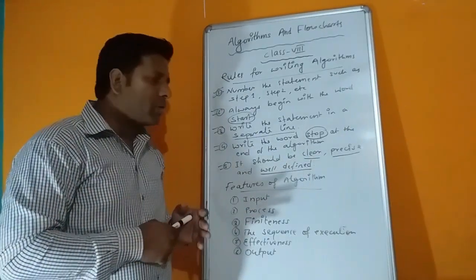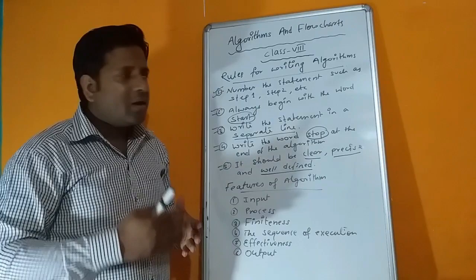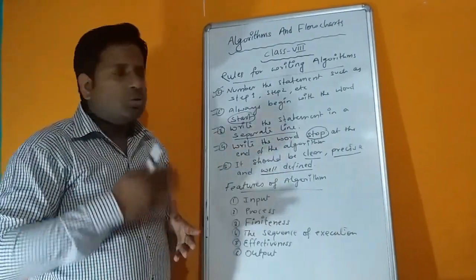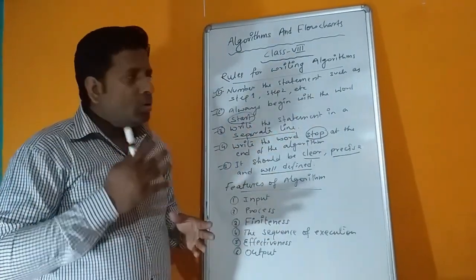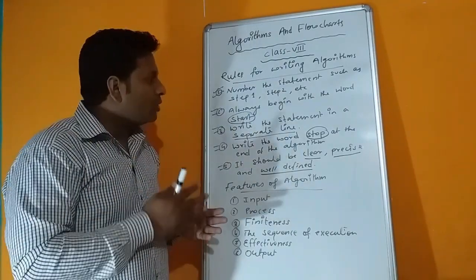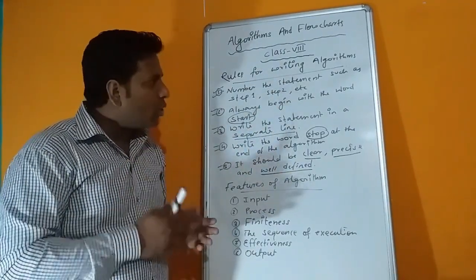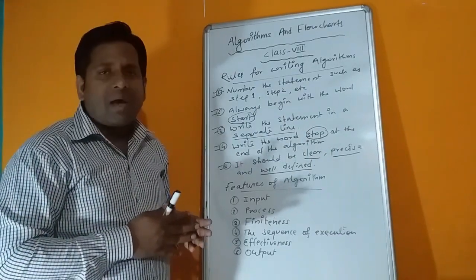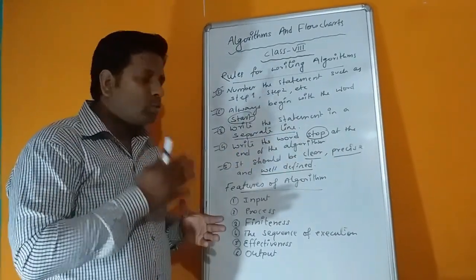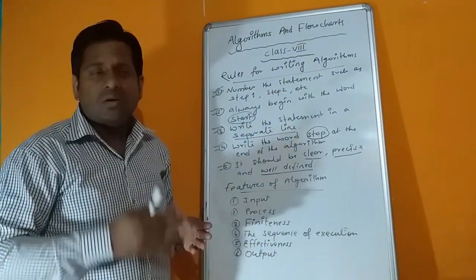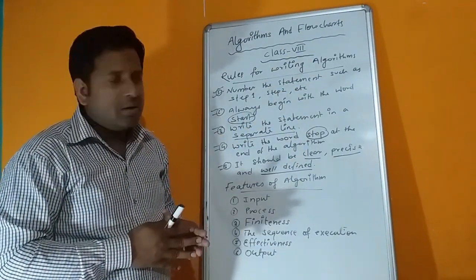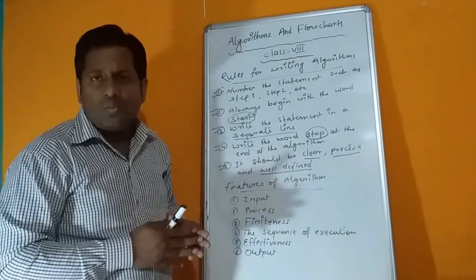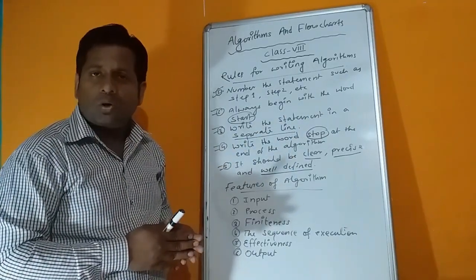You can write the program, you can write the instructions, and you can tell the computer to perform accordingly. So to tell the computer to perform the task, a proper algorithm is required. From here I've given a piece of homework which you need to do in your copy.